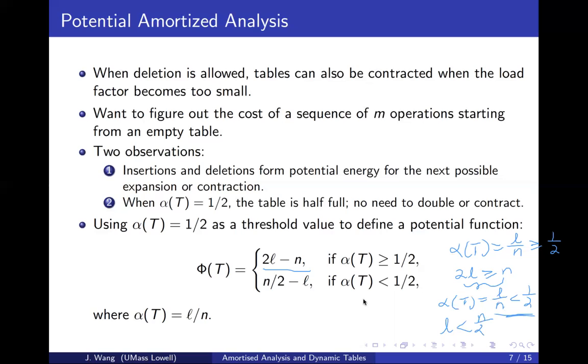We don't want a negative energy, so this is a non-negative energy. Okay, so that's the energy function we use to carry out amortized analysis for a sequence of n insertions and deletions on a dynamic table starting from an empty table.